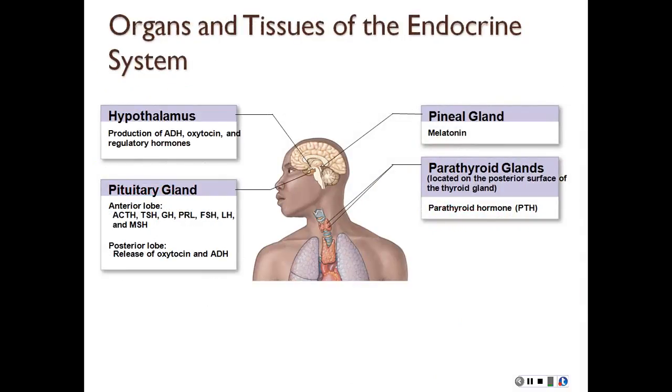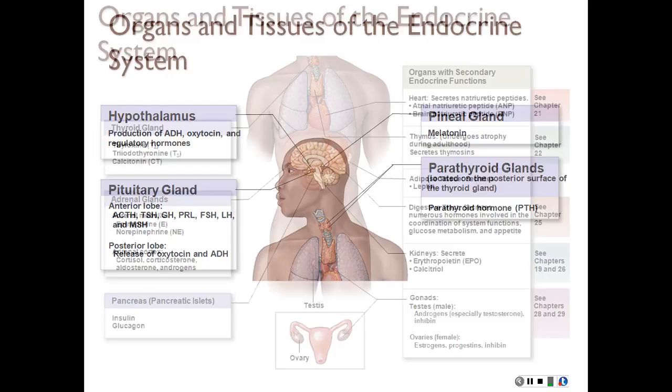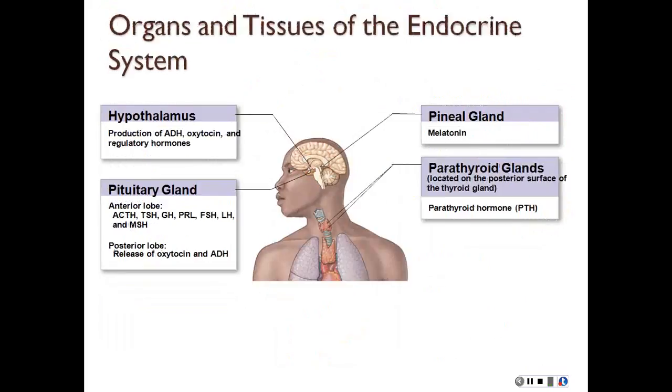Okay, of the hypothalamus and pituitary gland, there is an important connection between those. One, the hypothalamus stimulates the pituitary gland to secrete hormones at a particular time. And also the hypothalamus is where ADH and oxytocin are actually made. So ADH and oxytocin, remember those two hormones? So they're secreted from which of the glands?